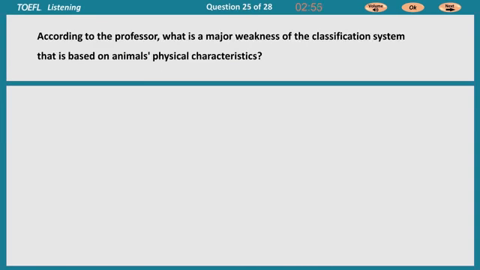According to the professor, what is a major weakness of the classification system that is based on animals' physical characteristics?